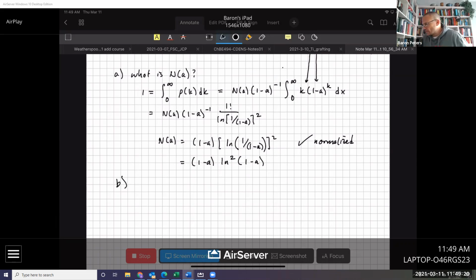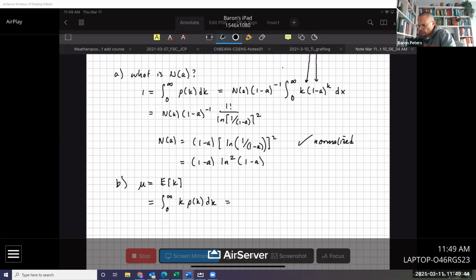Okay, so now what we want to do is to compute the mean molecular weight, and so that is going to require doing this calculation. We've got an integral from 0 to infinity, k rho of k dk.